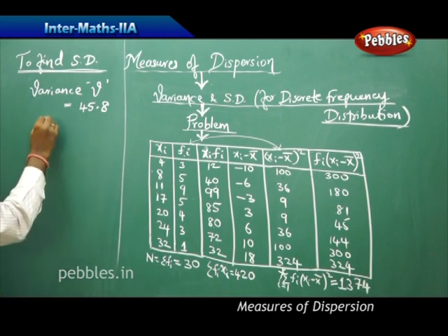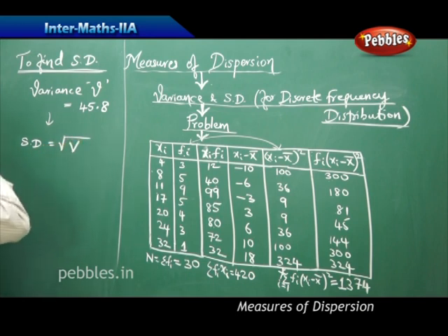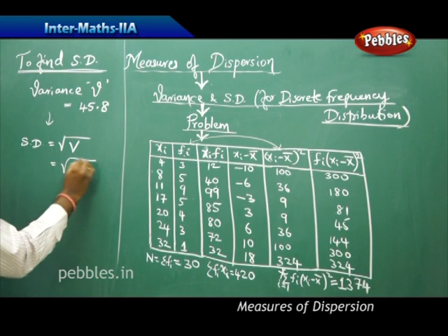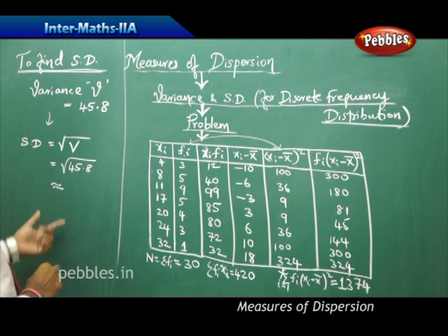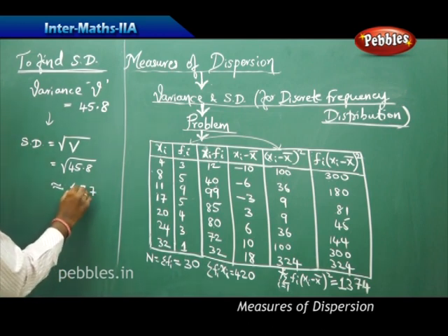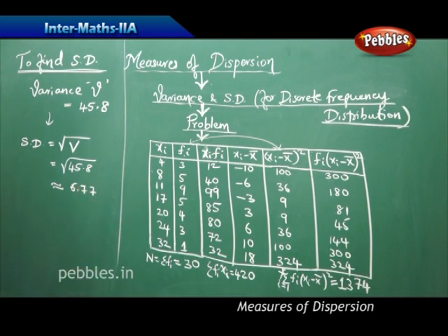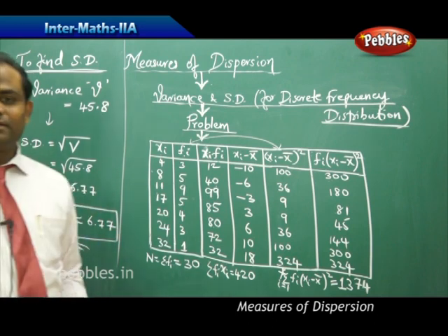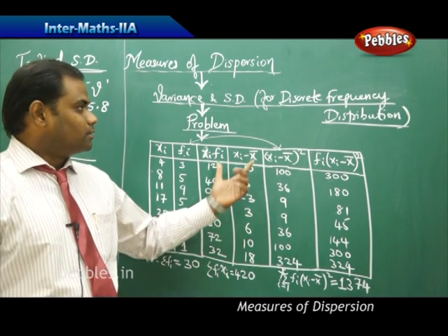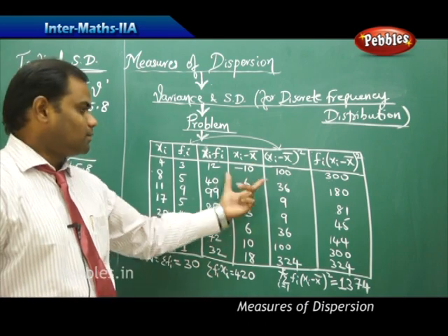Using this, we know that the standard deviation is given by root of V. Therefore, when we square root this, I get root of 45.8, which is approximately 6.77 when calculated through the calculator. Therefore, the standard deviation denoted by sigma is approximately 6.77. This is how we find the variance and the standard deviation for the discrete frequency distribution table here.